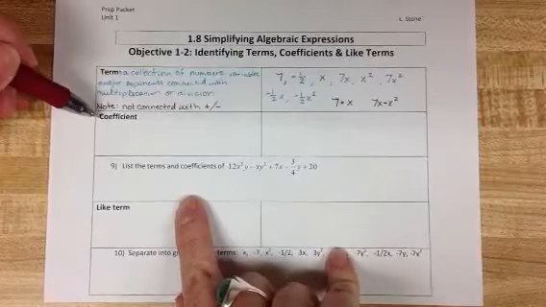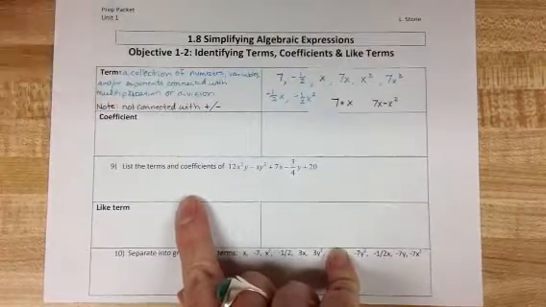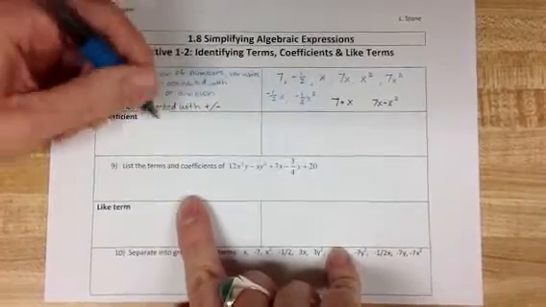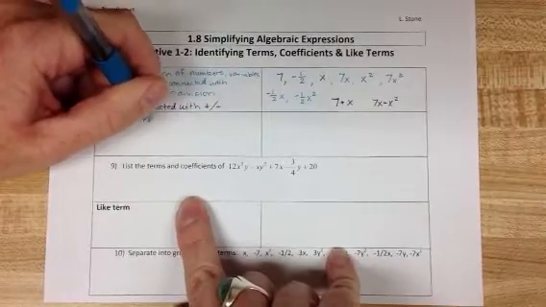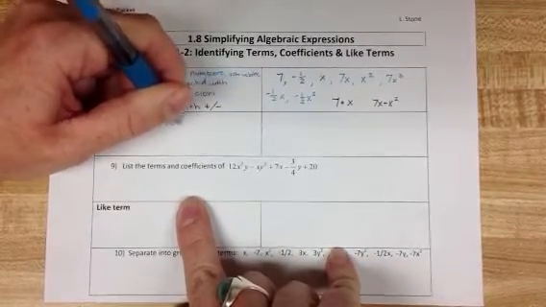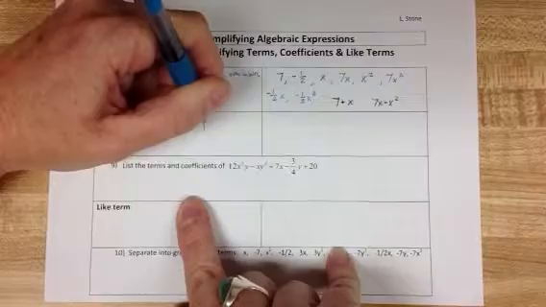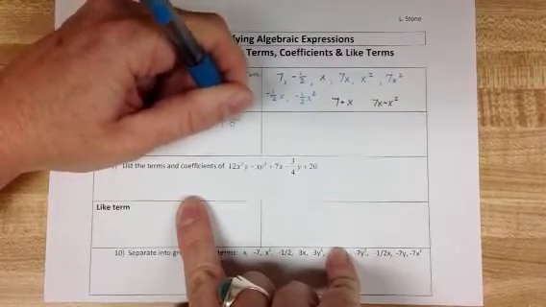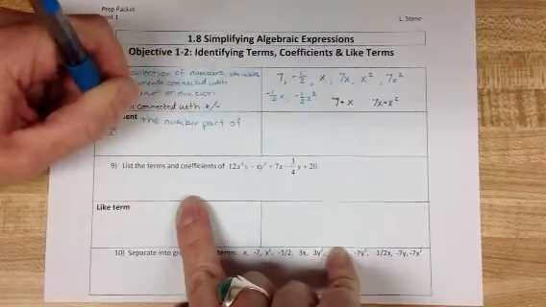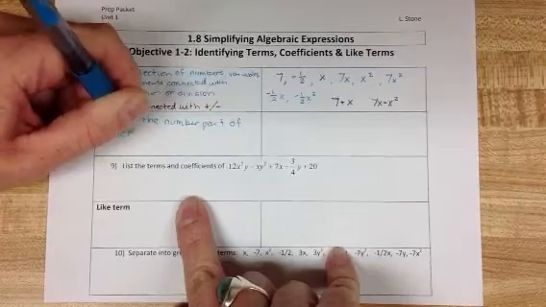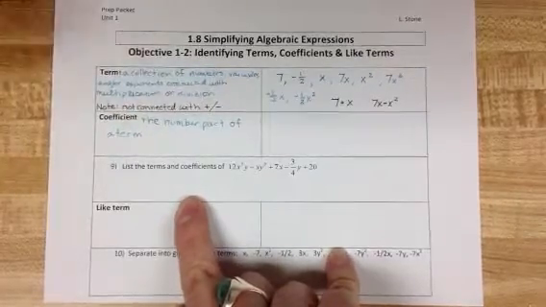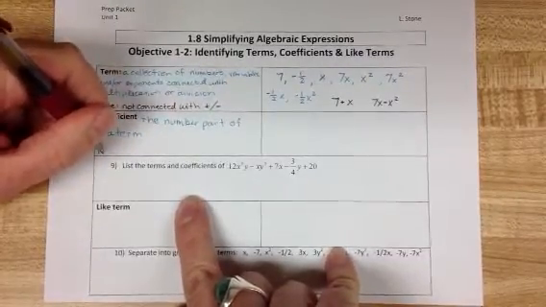Coefficient is a number, another word that we're going to hear a lot, and a coefficient is the number part of a term. And I'm going to put one more note on this one.